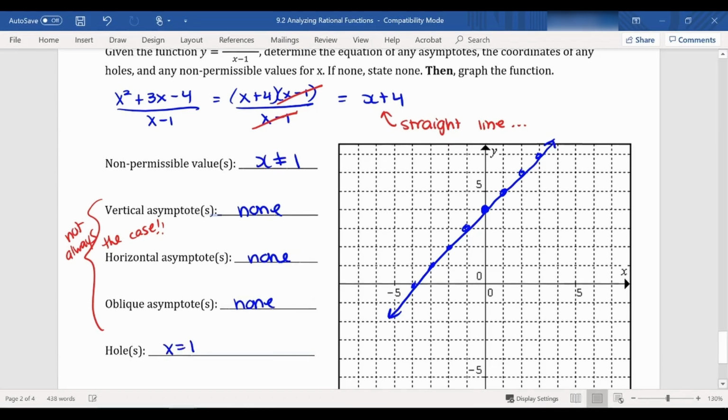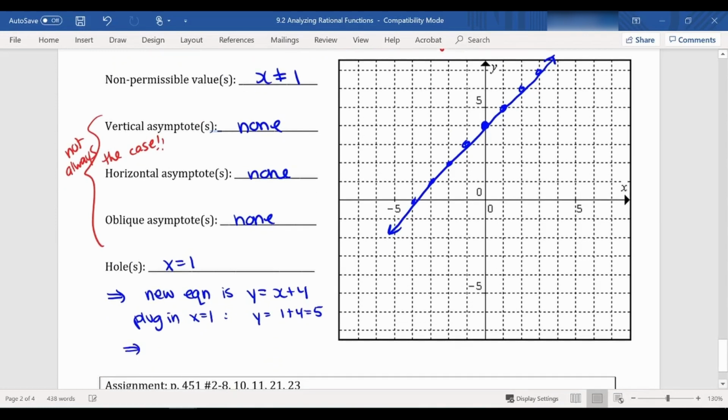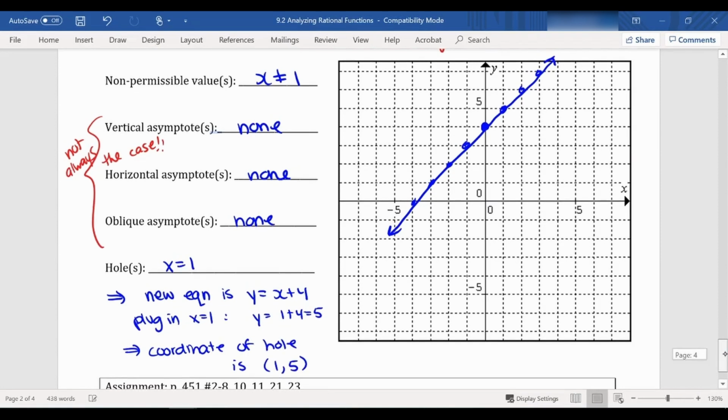If I want to find the y-coordinate of the hole, my new equation is y equals x plus 4. So if I plug in x equals 1, I get y equals 1 plus 4, which is 5. This is where my hole should be. So the coordinate of the hole is 1 comma 5.